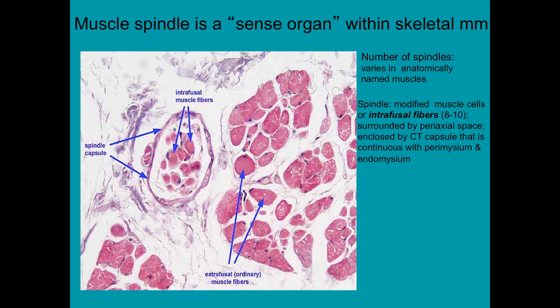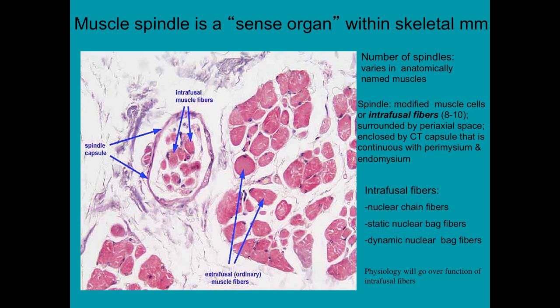These intrafusal muscle fibers, perhaps 8 to 10 of them, are surrounded by a periaxial space, which is enclosed by a connective tissue capsule that's continuous with the perimysium and endomysium. On the diagram, you can also see the typical or ordinary extrafusal muscle fibers.